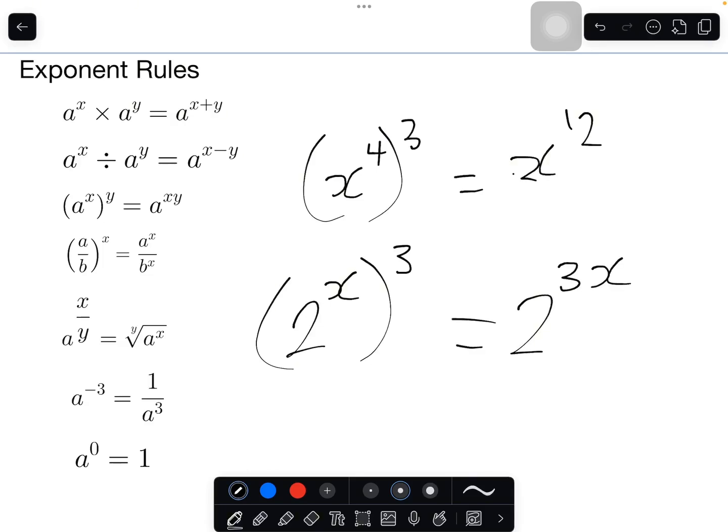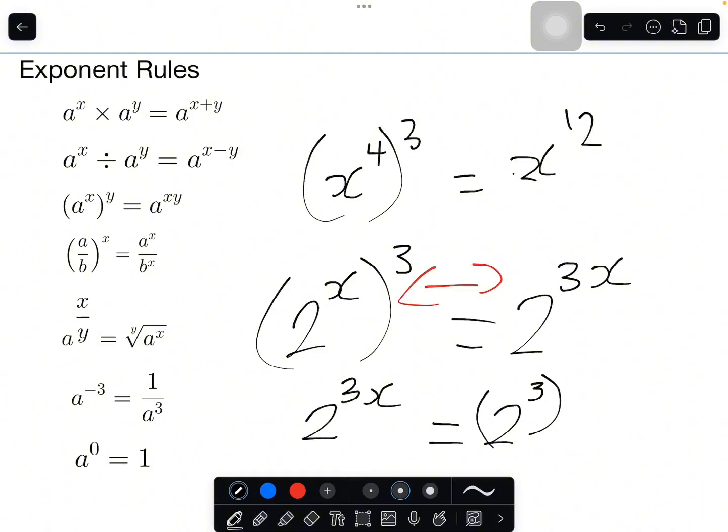It's also important to note that I can work forward and backwards when doing this. So I can convert 2 to the power 3x and look at it as 2 to the 3 to the x. You see that? Either or, depending on what you want to remove as a common factor. And that can then become 8 to the power x. These are all the same.